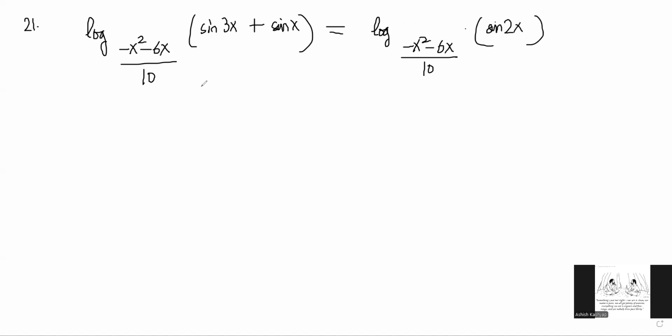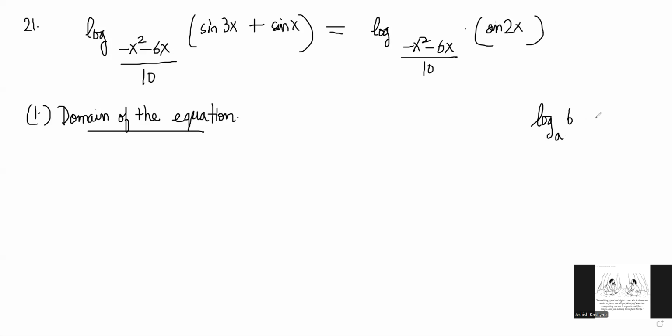First of all, whenever there is a log situation with functions of x in the base and in the argument, before you do anything, you should check the domain of the equation. For what x is the equation making sense? Do you know when log base a of b is going to be properly defined?